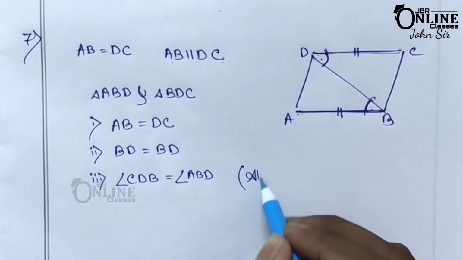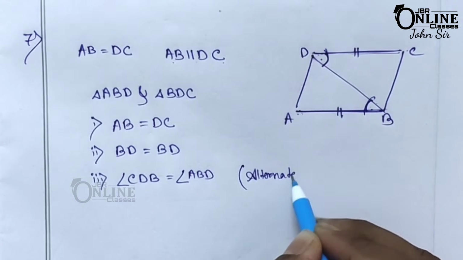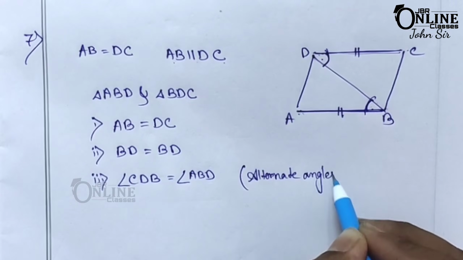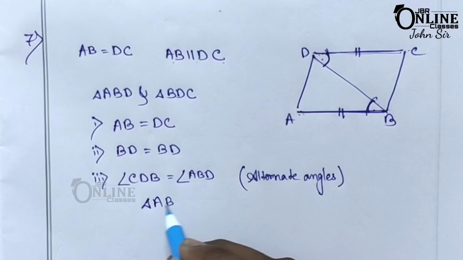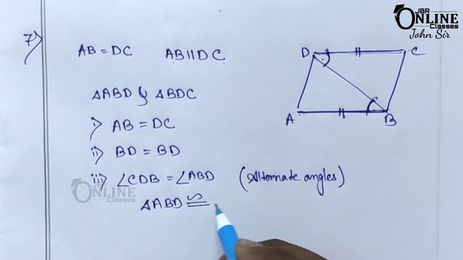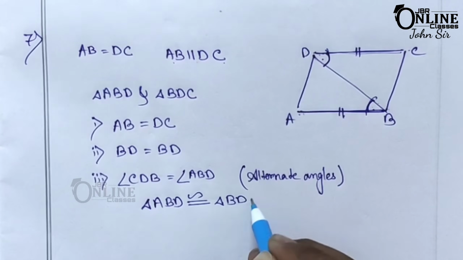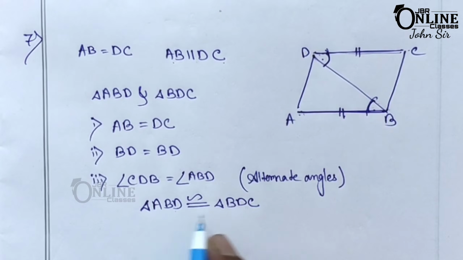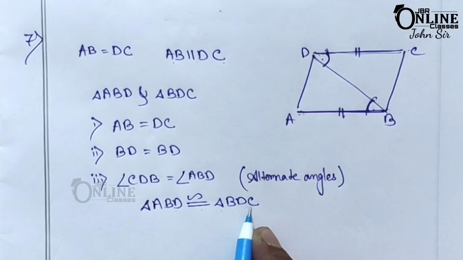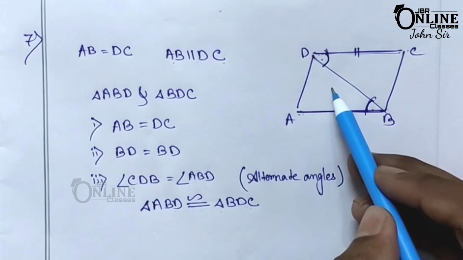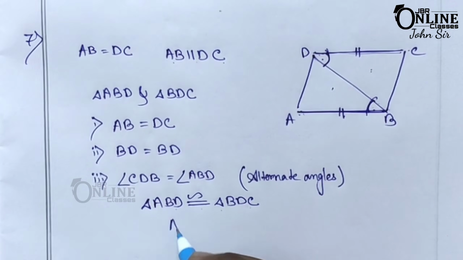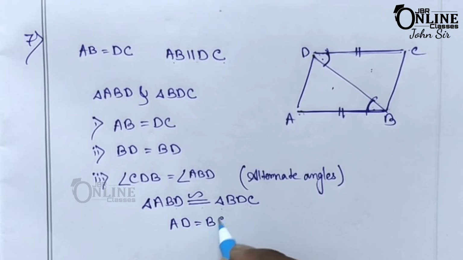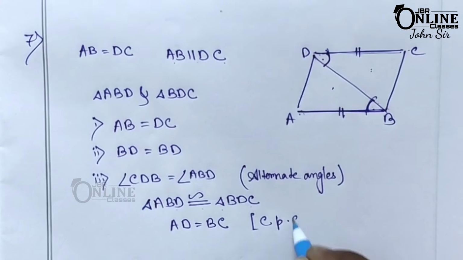So you can write here alternate angles. Okay, so that means triangle ABD is congruent to triangle BDC. If these two triangles are congruent, you can easily say that AD equal to BC by CPCT.